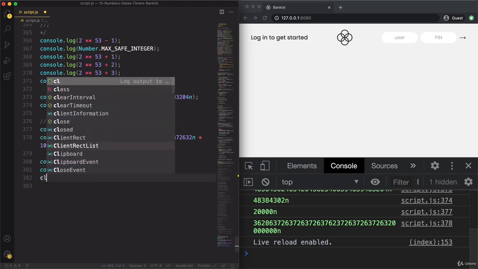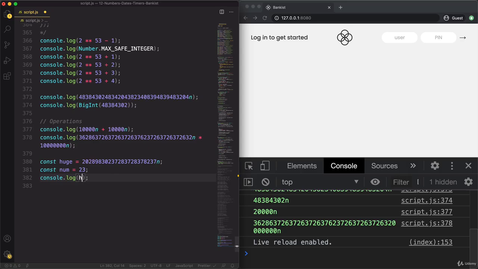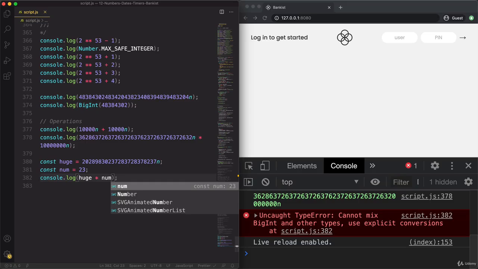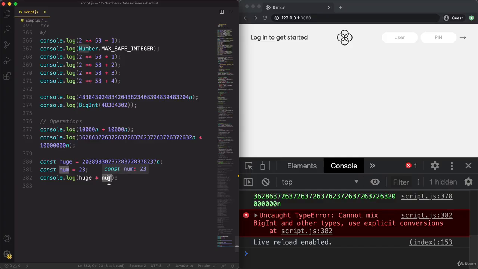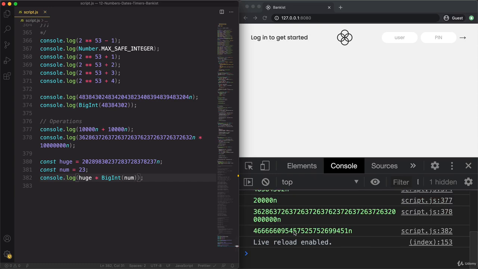And so if I wanted to multiply them, so huge times num, then we would get this error: cannot mix BigInt and other types. All right. And so this is where we would have to convert this number here to a BigInt. And this is where the constructor function that I showed you here becomes necessary. And so now it is indeed going to work.